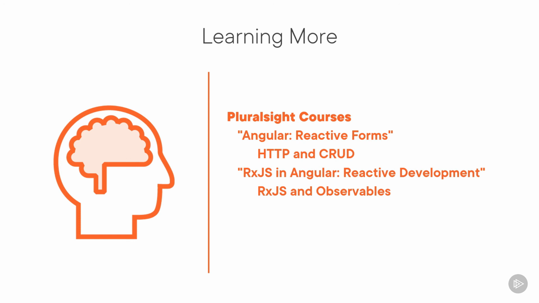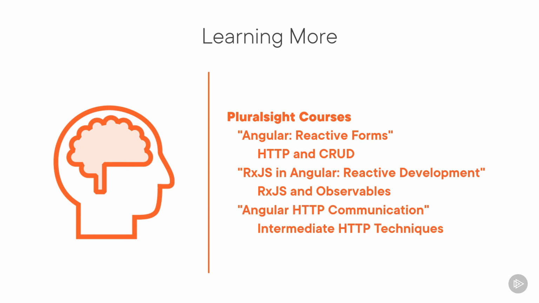It provides a detailed look at observables, including how to combine data from multiple sources, build action streams to react to user actions, and work with streams without subscribing. See the Angular HTTP Communication course for intermediate HTTP techniques, such as error handling, building interceptors, and testing HTTP requests.